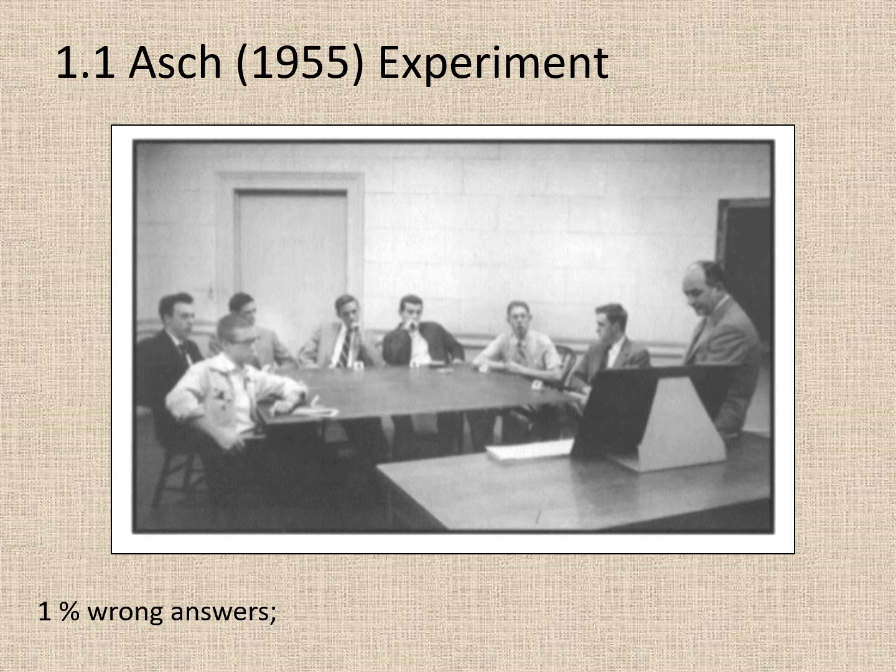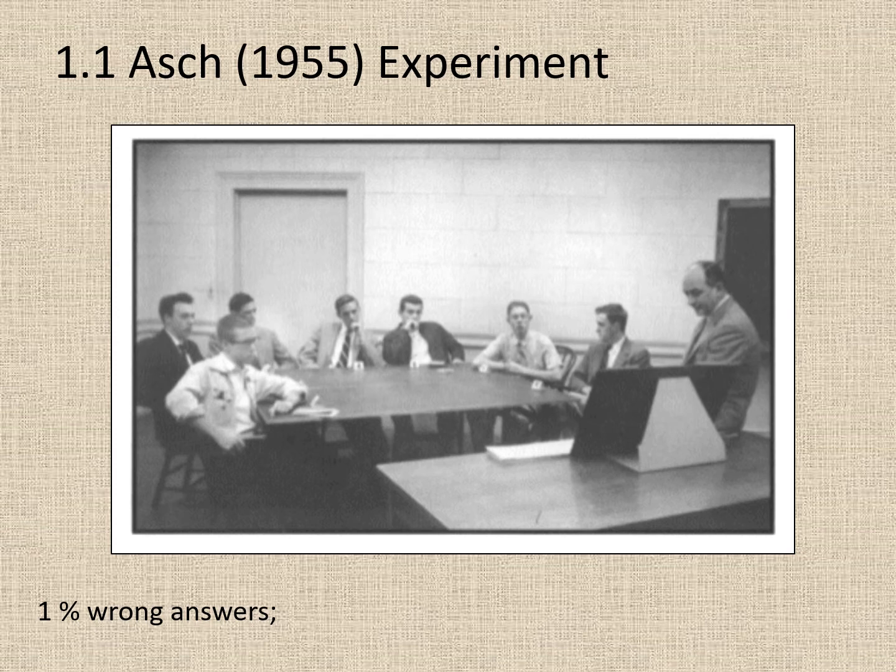And what we can compare with this here is the 1% wrong answers when people do this task individually. So how big a percentage of wrong answers do we have here? To what degree do people conform with the others' obviously wrong behavior?